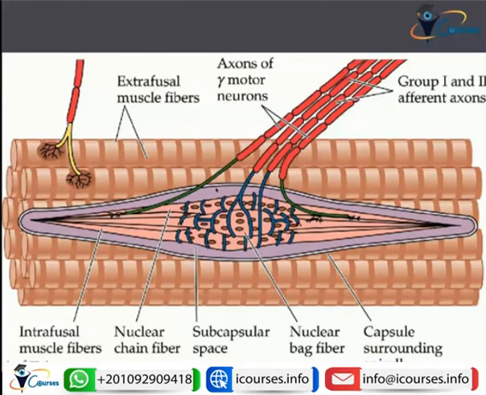The intrafusal fibers are enclosed within a torpedo-shaped fibrous capsule made of 2 to 3 layers. These intrafusal fibers are either in the form of nuclear bag or in the form of nuclear chain. So these are the important histological features of the extraocular muscles.